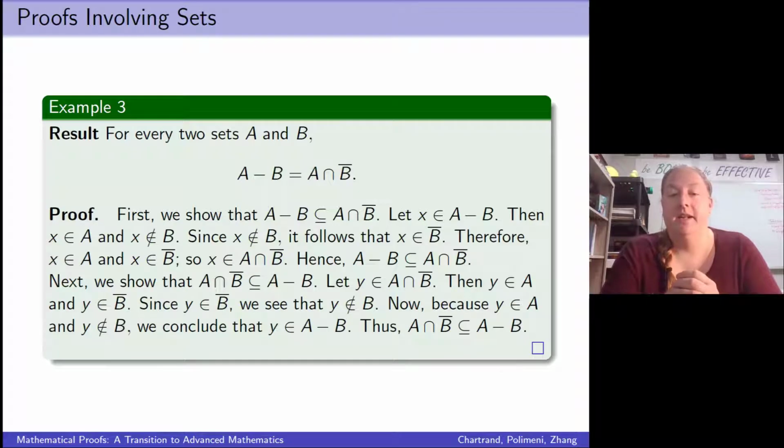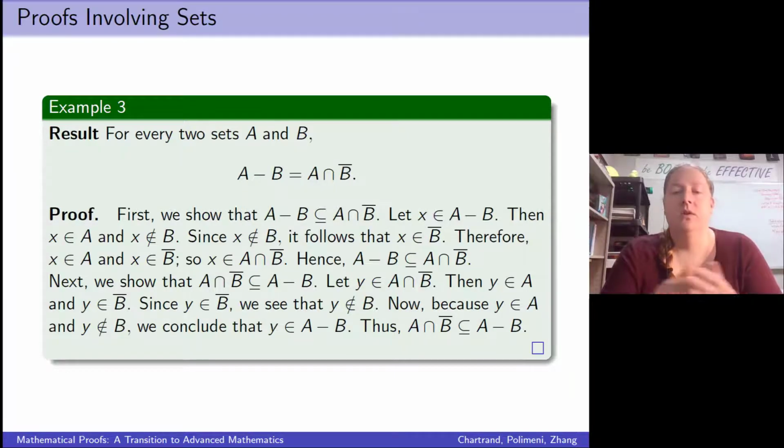So let's first look at A minus B is a subset of A intersect the complement of B. It's very common when you're doing set proofs also to take a generic element X in the set that is the subset. So here we have X is an element in A minus B. Well, then we think about what that means about that element. It means that X is in A and it's not in B. That's what the difference means.